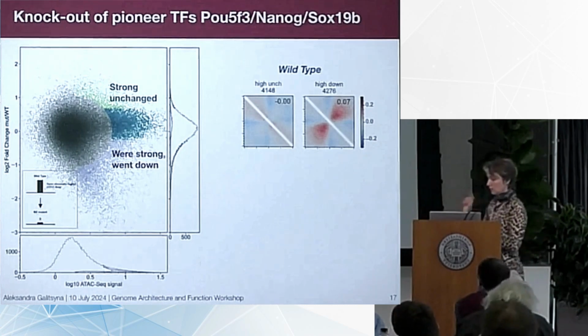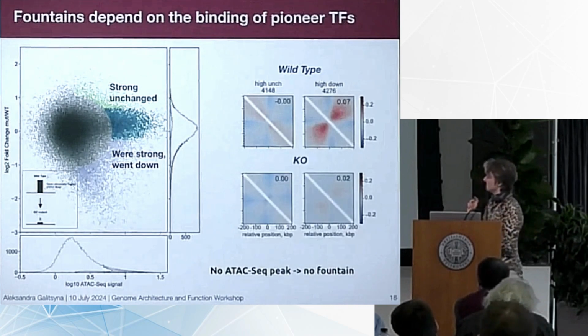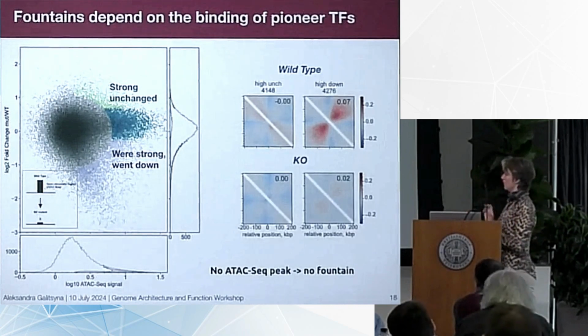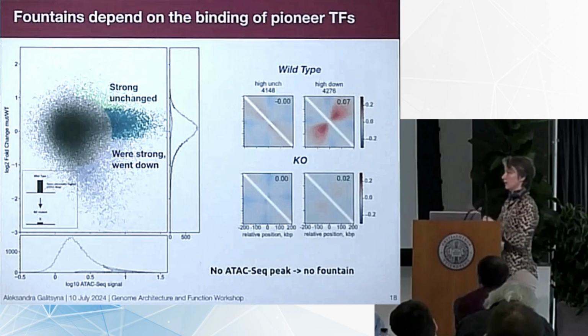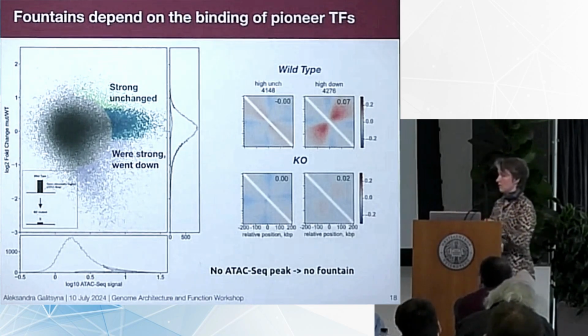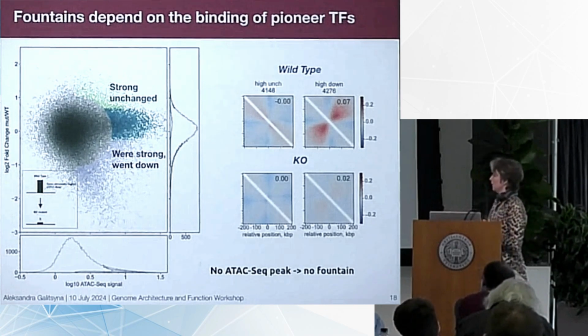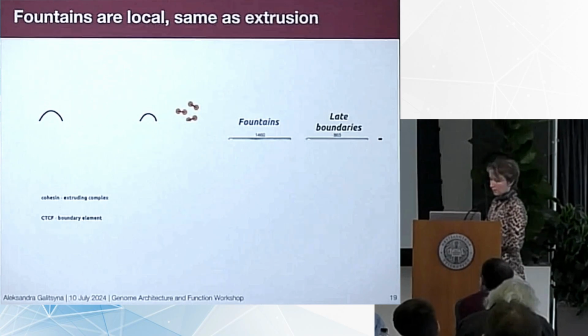And in the triple knockout of the transcription factors, the signature will be gone. So the fountains are those ATAC-seq peaks that were bound by the transcription factors, and their abolishment leads to the disappearance of the fountains. Okay.